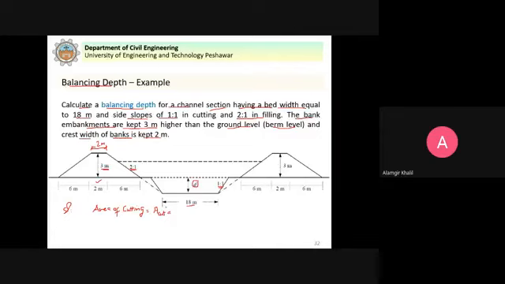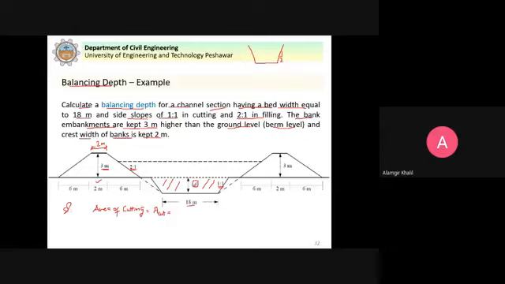You can see here that we have these as trapezoidal shapes. Similarly, for the filling, we also have a trapezoidal shape. If you know the formula directly for a trapezoidal cross section, we can directly use it.